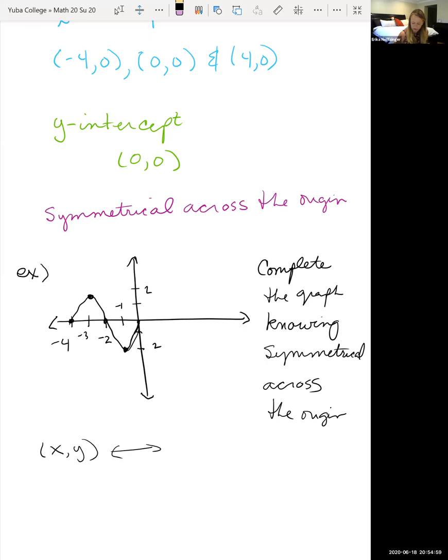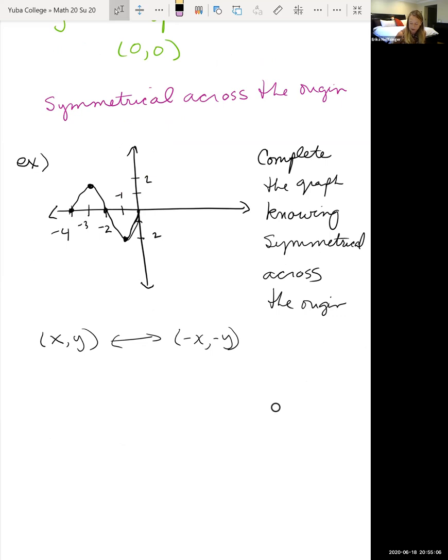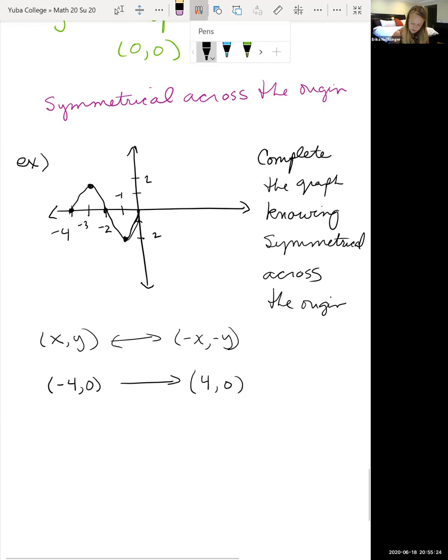So origin, if we have a point x, y, then -x, -y also has to be a point. And so we can determine points by looking at the graph. I see we have a point at -4, 0. So that has to change the signs on both of those. That is 4, 0. I see I have a point at -3, +2.